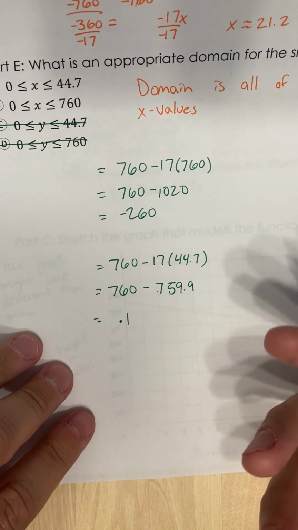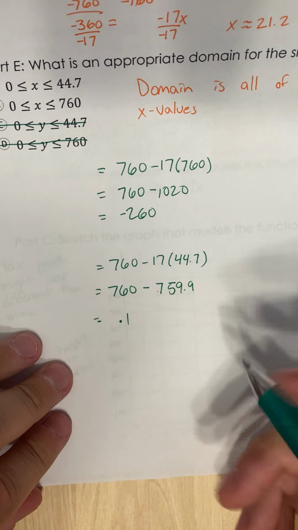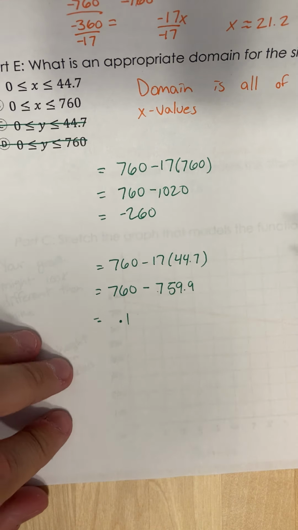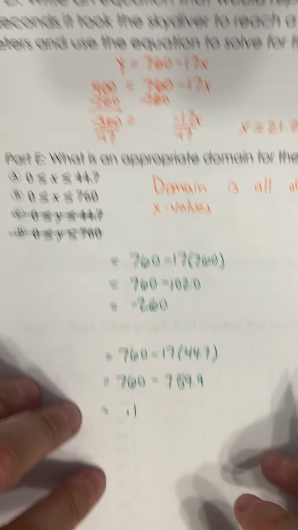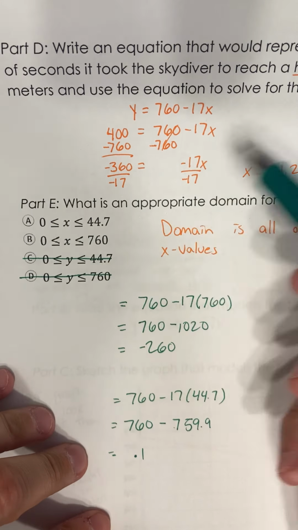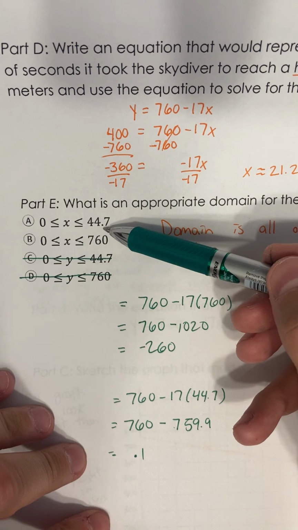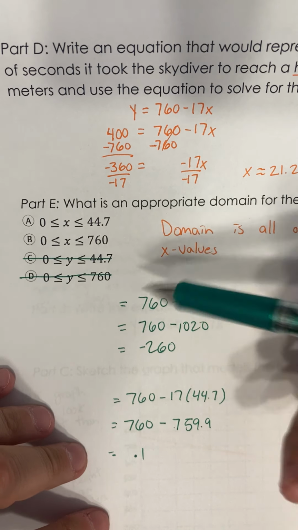So that is really close to ground level. So this is pretty much the maximum amount of seconds we can have. So this is saying we're gonna go from 0 to 44.7 seconds, and that's all we care about.